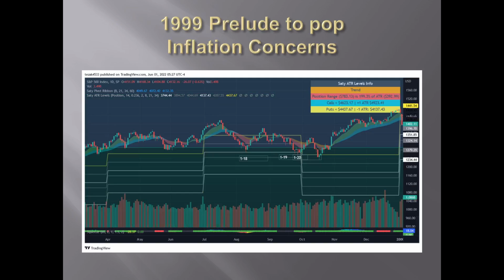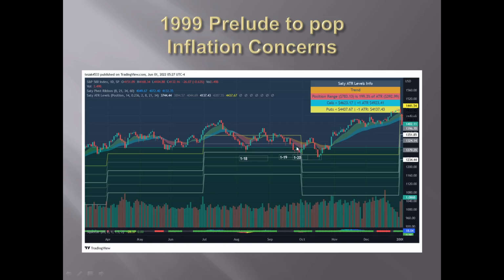All right, 99. I call this prelude to the pop. There's inflation concerns. Again, this is all just late bull market instability going on here. You got this touch here, pushes it all the way up past the put trigger. Pretty nice move. And then it bumps it a couple times. This one here, not the best move.